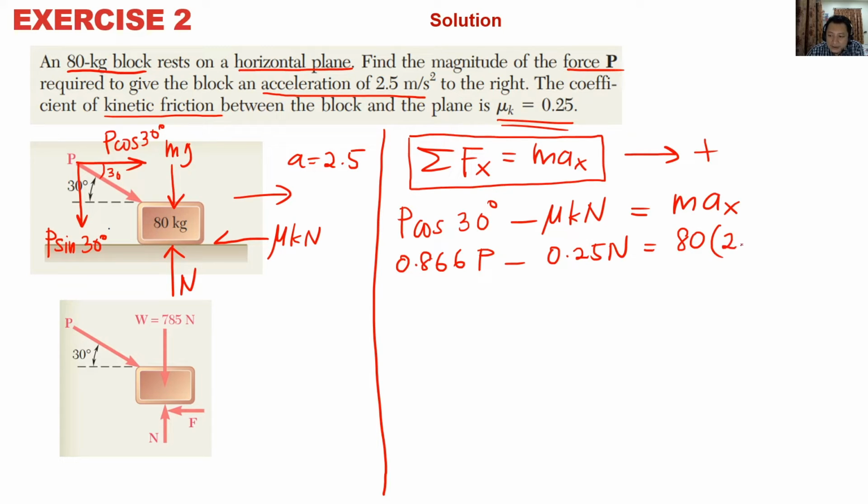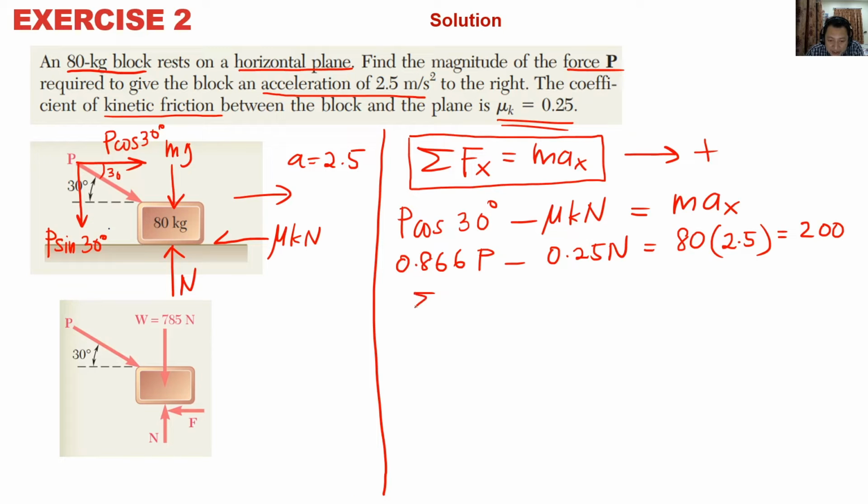Yeah, 2.5 is the acceleration. So you get the equation lah. 80 times 2.5, 200. This is equivalent to 200. Let's not waste the space here.